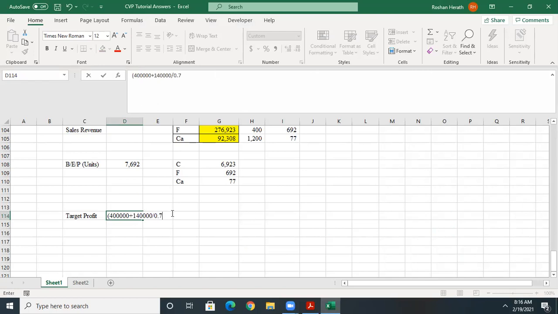So if you divide it by 0.7, it's going to give you the before-tax situation, or simply the profit before tax. And you can consider the entire thing and then divide it by the CS ratio. It was 33%, or it's simply 1/3.